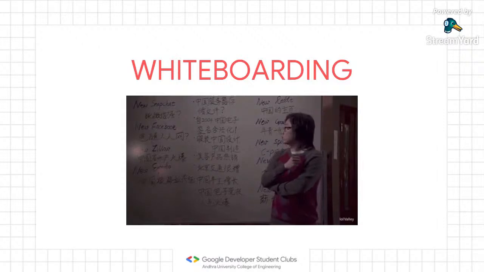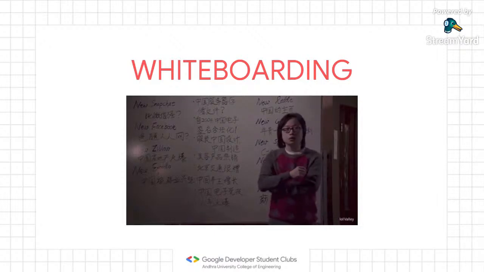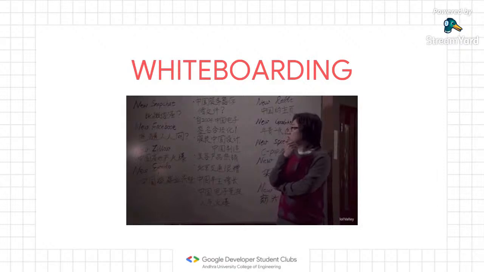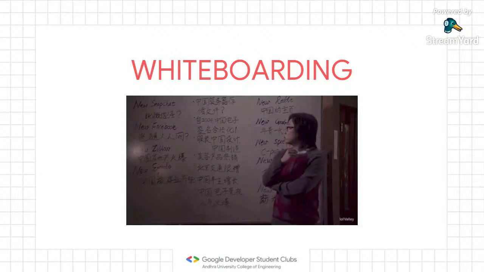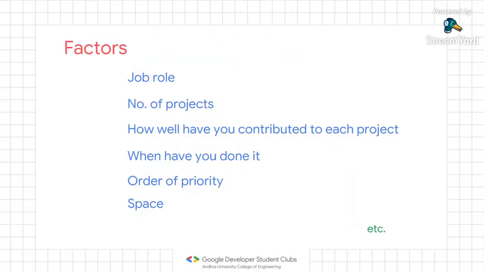Start with education, then move on to skills, then your experience part, and then your honors and awards. Jot down every single point that you've achieved so far, and then start scrutinizing what is more important and what you want to keep in your resume at the end. Some of the factors that you have to consider while scrutinizing those experiences of yours is the job role.